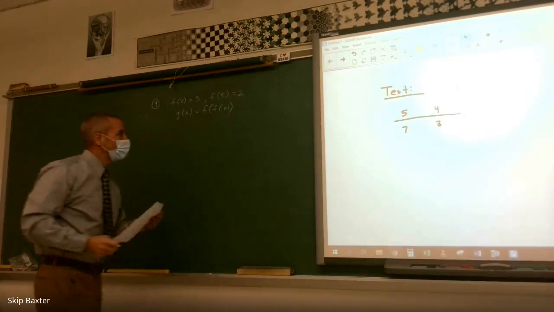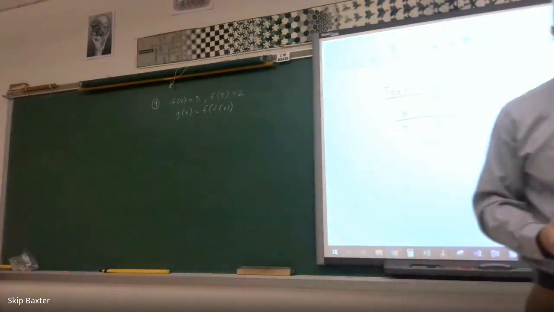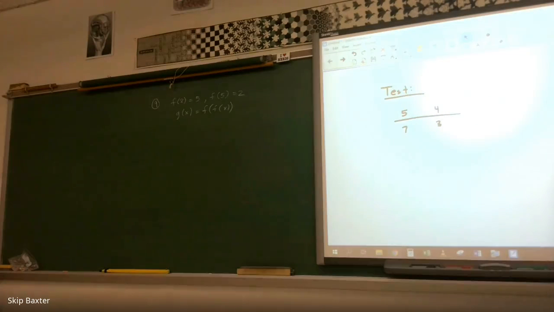So the fact that they're telling you that f is twice differentiable means that it's continuous and differentiable, and its derivative is also continuous and differentiable, right? If you have a continuous differentiable function, then any composition of that function is also continuous and differentiable. So g is also continuous and differentiable.